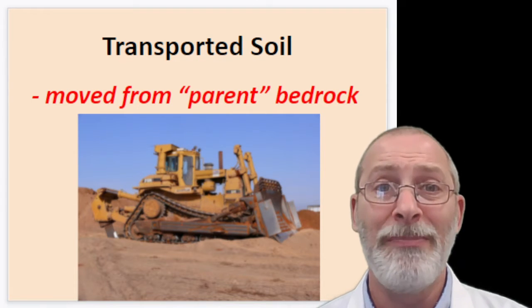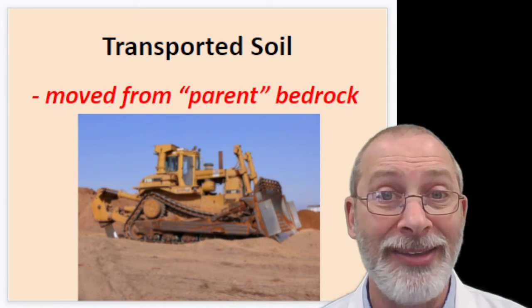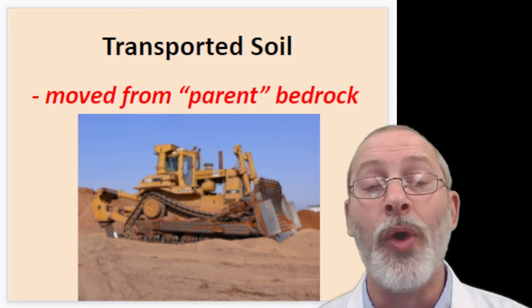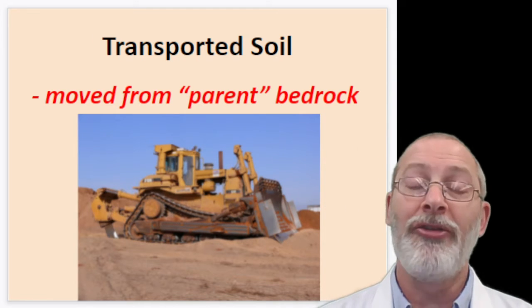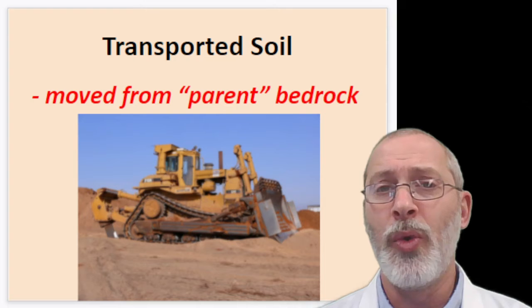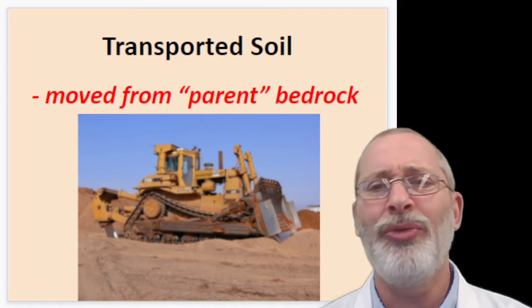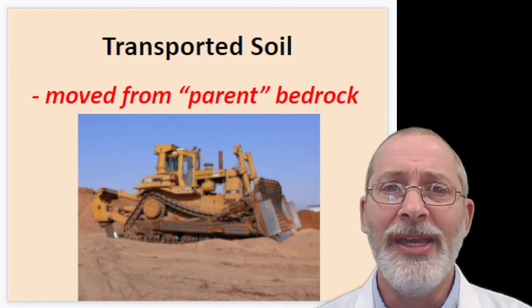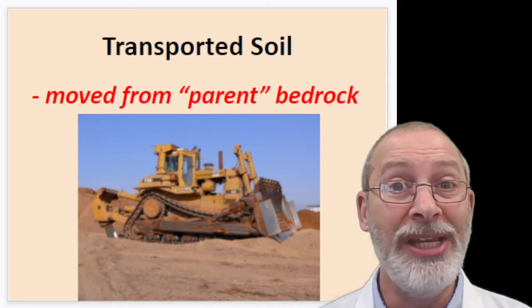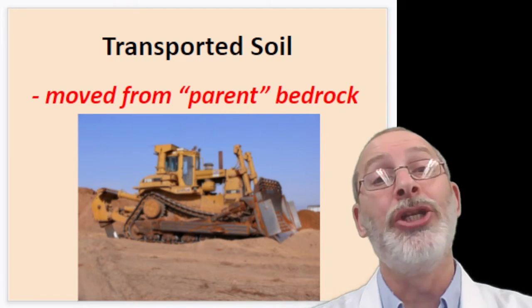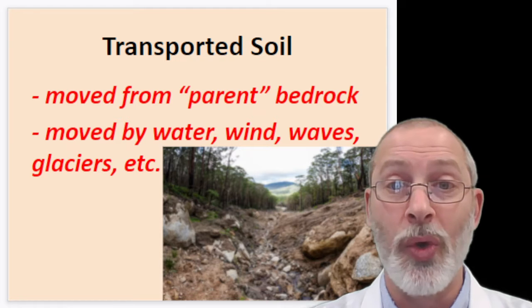There's not much topsoil. A lot of the topsoil down there has been brought in or transported from somewhere else. And so when a soil does not reflect the parent material underneath it, it's probably a transported soil.